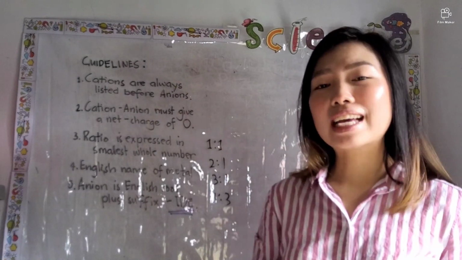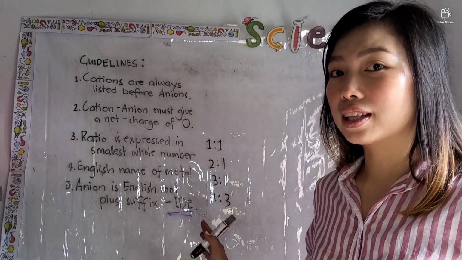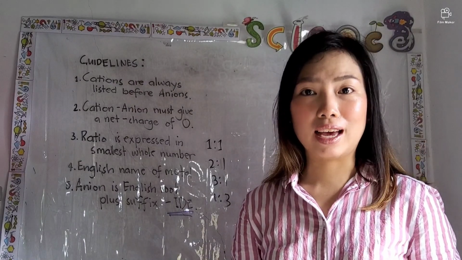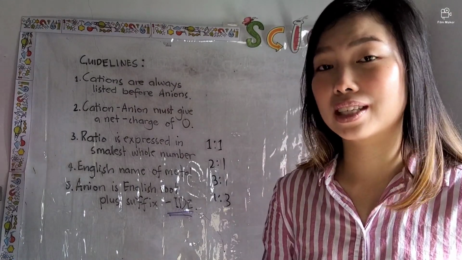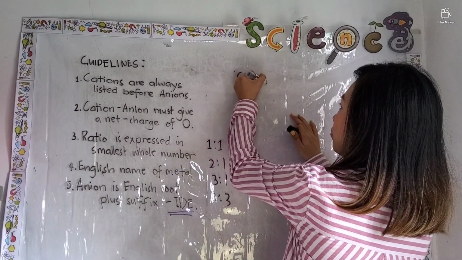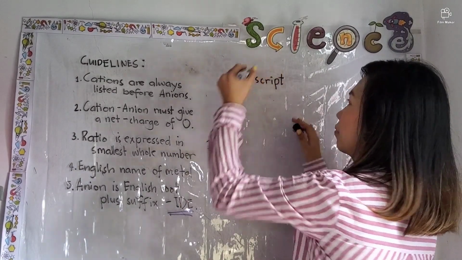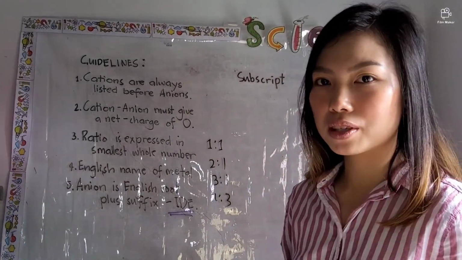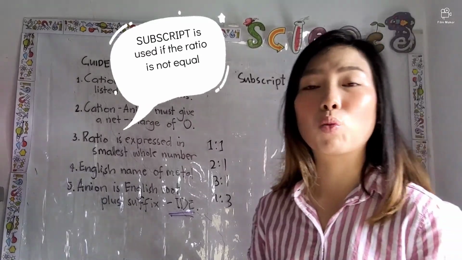So, if there are instances na ang ating ratio ay hindi parehas, dun papasok ang paglalagay ng subscript. Kailan tayo maglalagay ng subscript? Maglalagay lang tayo ng subscript if the ratio is not 1:1.